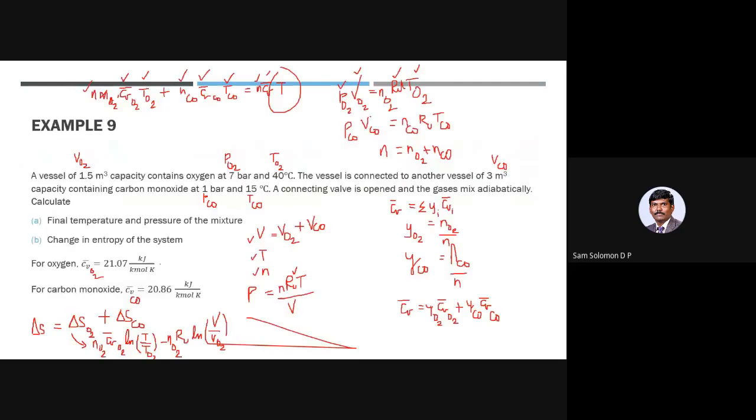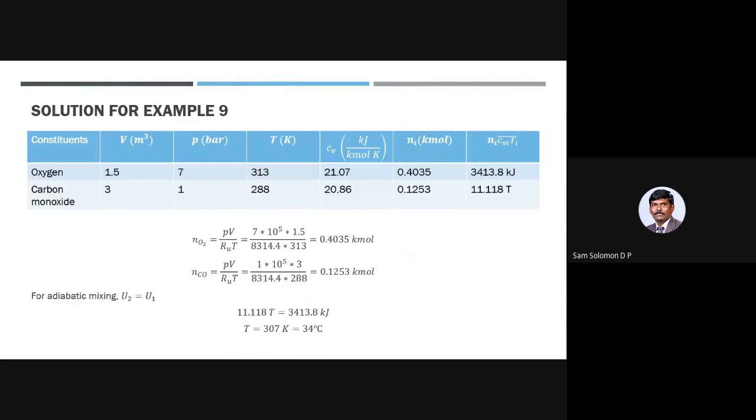So if you go and do this, this is also a way to get the result. And here, I think I have done something wrong with reference to the table, because of N i CVi into Ti.